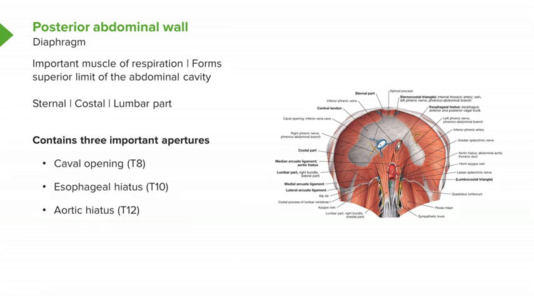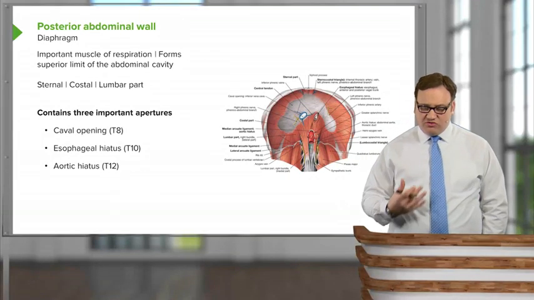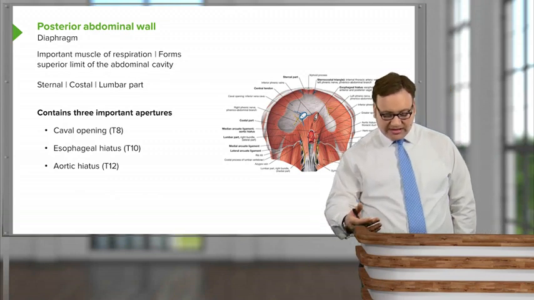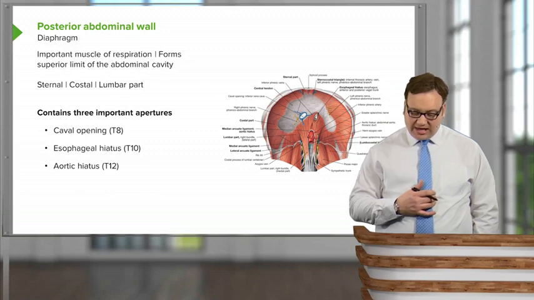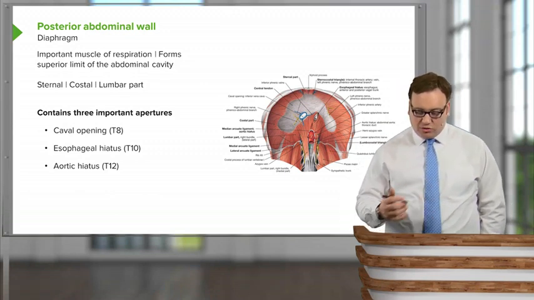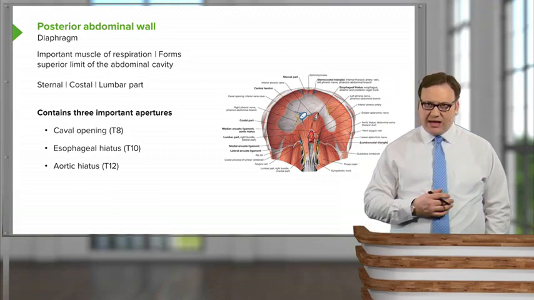You can see the details on the screen: the caval opening, the esophageal hiatus, and the aortic hiatus at T8, T10, and T12. So the diaphragm is really important in respiration, obviously, helps to change the volume of the thoracic cavity, important in breathing, but it's also a significant part of the posterior abdominal wall.